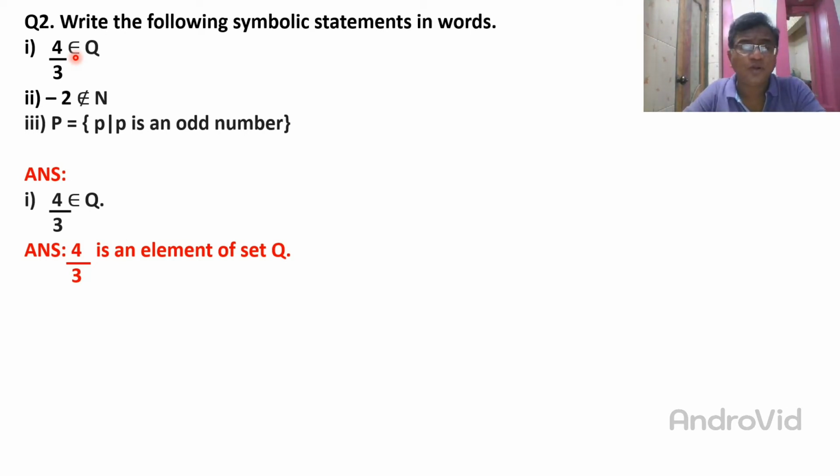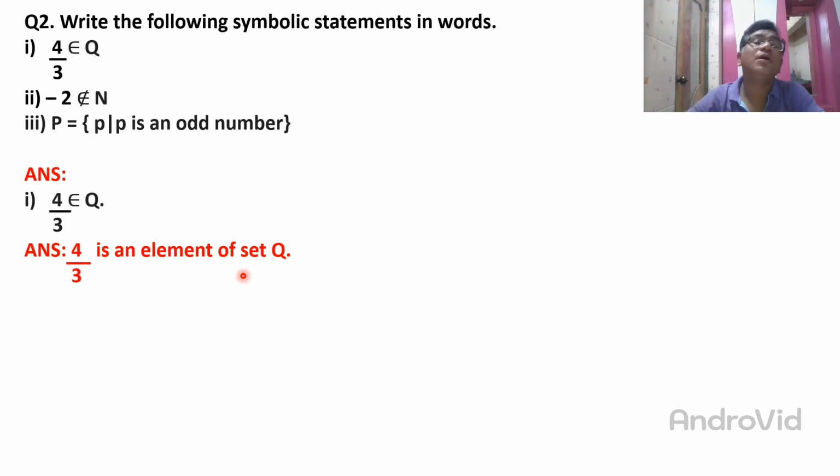So what we read is: 4 upon 3 is an element of set Q. Okay, so here we write 4 upon 3 is an element of set Q. Why write 'an' here? Because this is an English vowel, so before an English vowel we write an A. So this symbol means belong to, so it can be read as 4 upon 3 is an element of set Q.